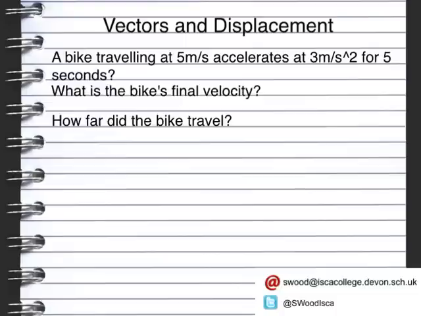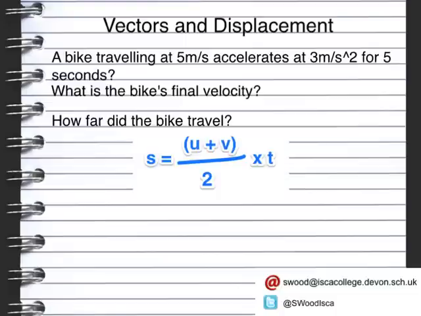So if we have a look at this equation where we've got s is the distance that we're trying to work out, the initial velocity and the final velocity divided by 2 times t.